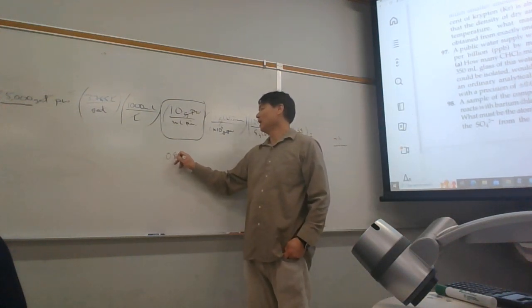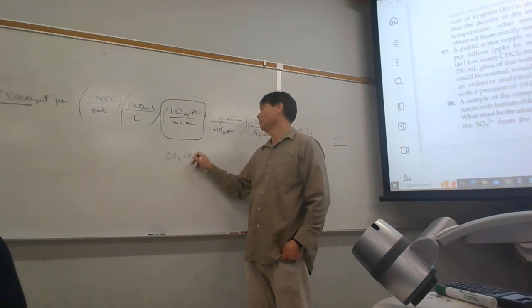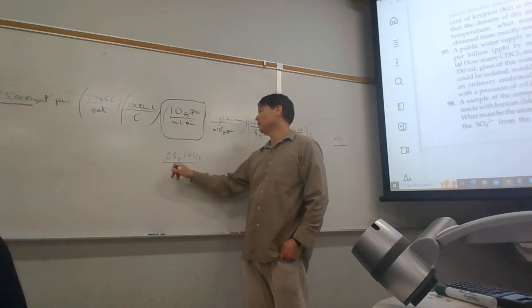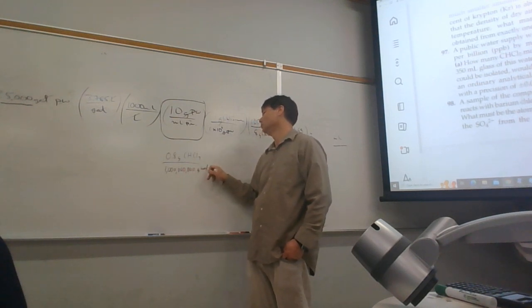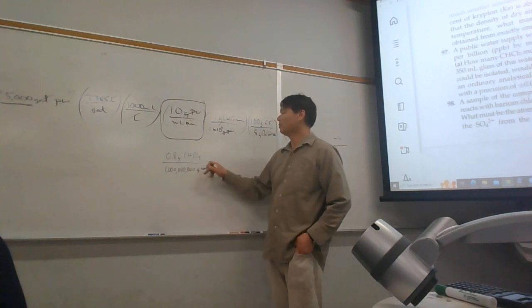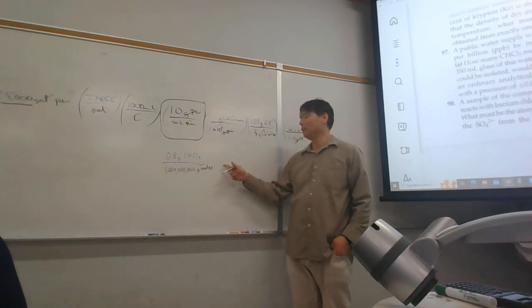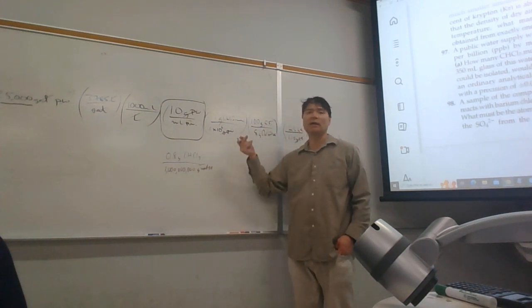We just say 0.8 grams of chloroform per billion grams of water. And so if we multiply this by a billion, we get 0.8 ppb.